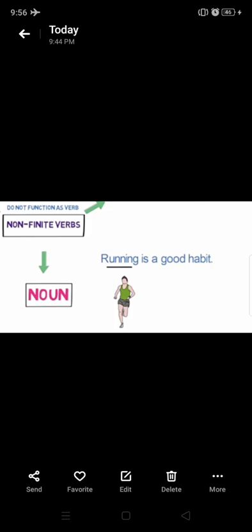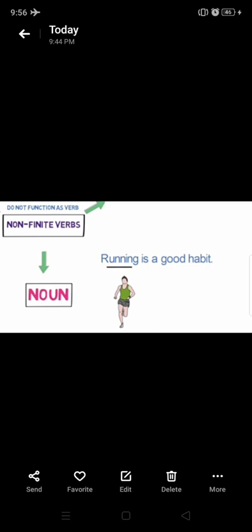The second function of non-finite verbs is as a noun. Now class, I've told you in our other grammar classes that to be a subject and an object in a sentence, it has to be a noun. Yes or no? Then only we can call it a subject or object.